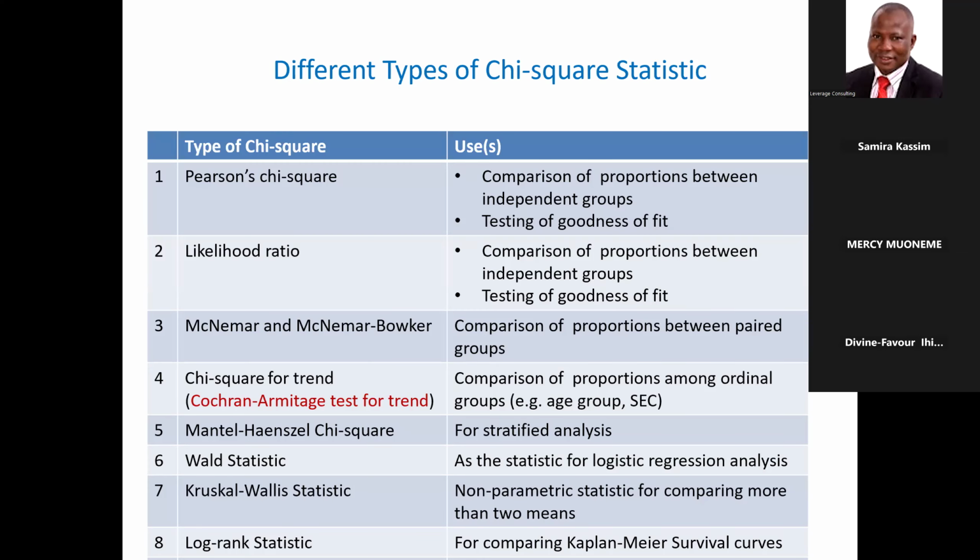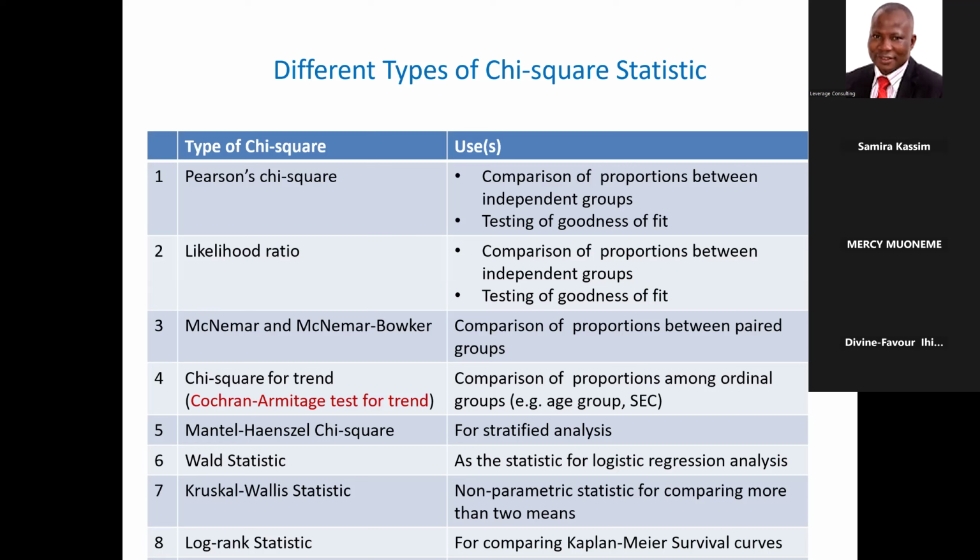Different types of chi-square statistics. Pearson chi-square is used for comparison of proportions between independent groups and testing of goodness of fit. We have said that on the first day. Likelihood ratio chi-square is the same thing, only a different way. The likelihood ratio uses logarithm to calculate chi-square.